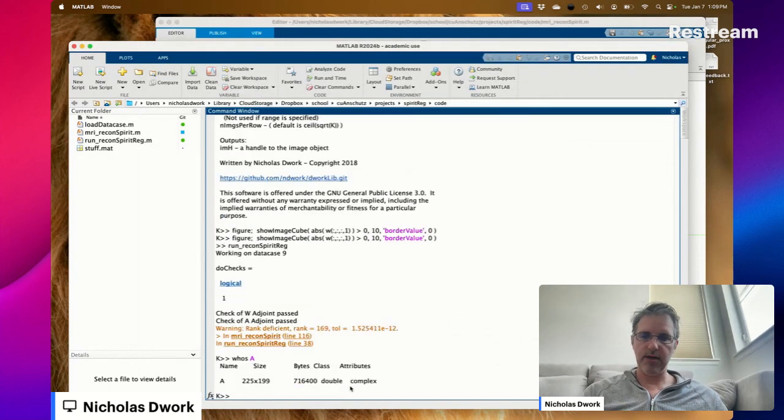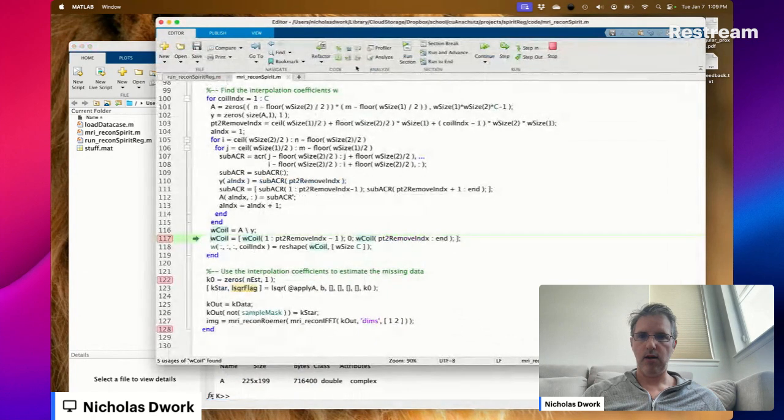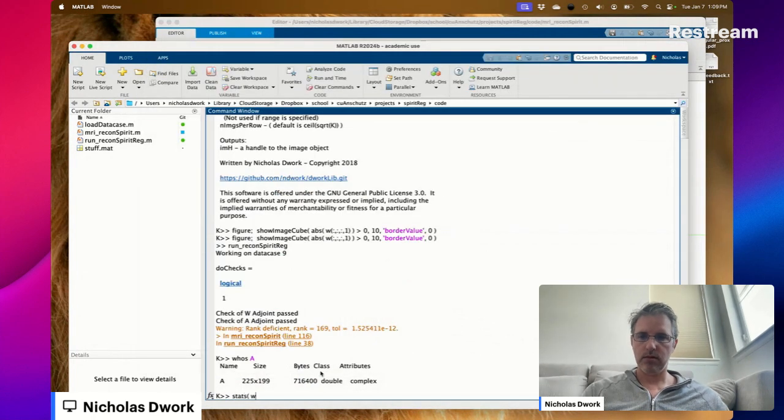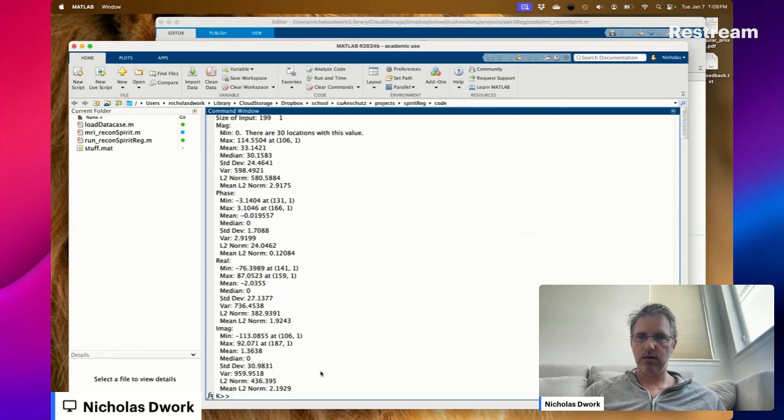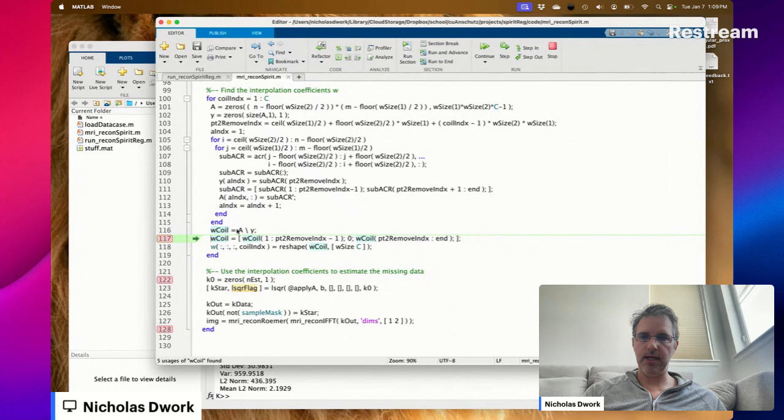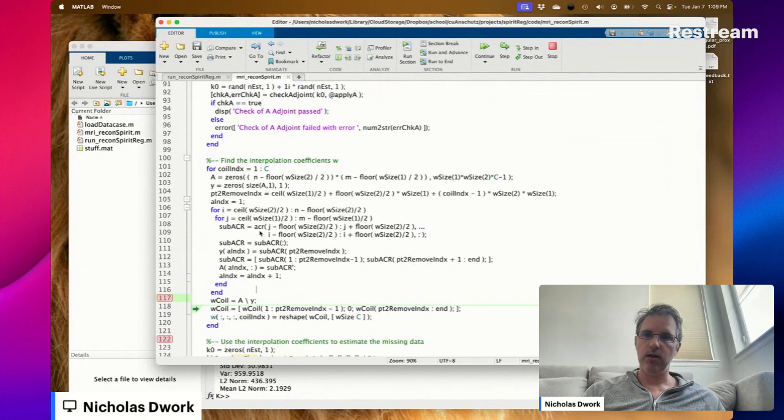A/Y is 225 by 199. There are 30 locations with a min value of 0 right now in A/Y. This is before we added in the 0.